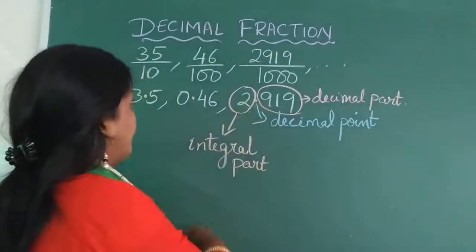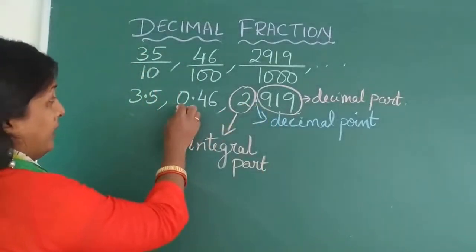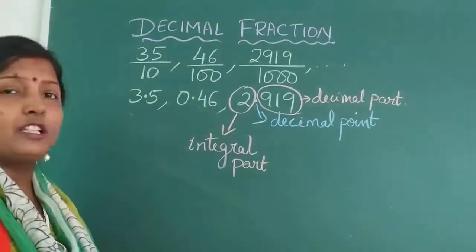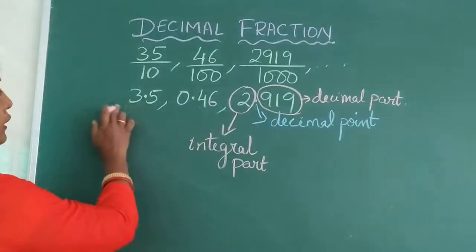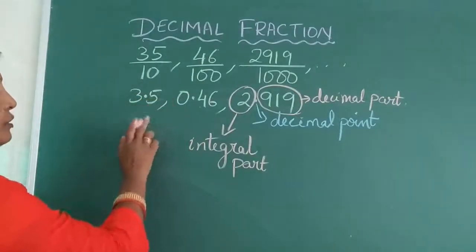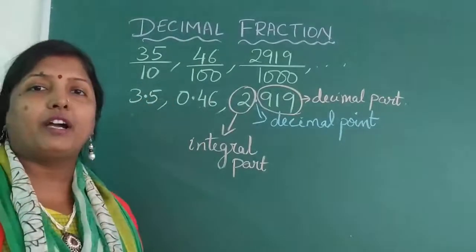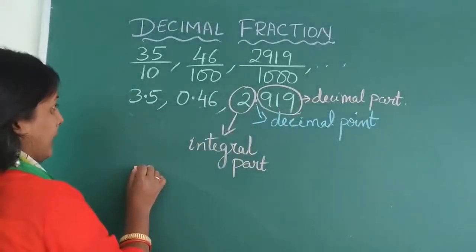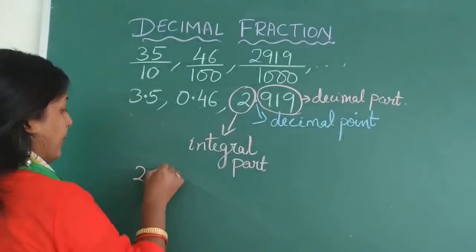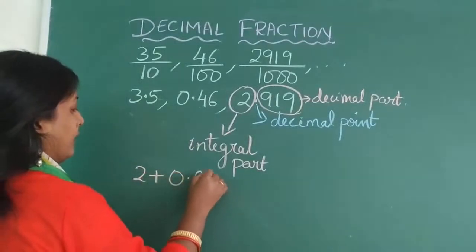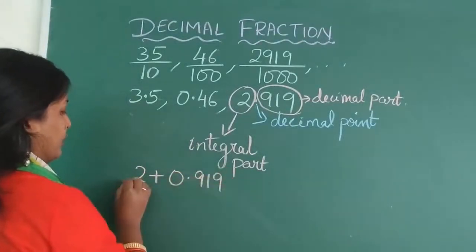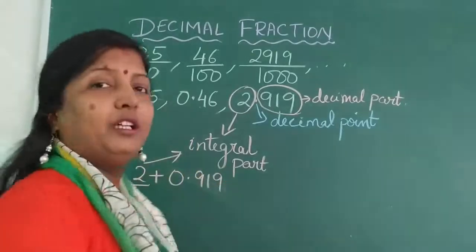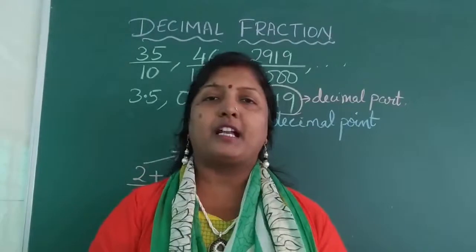Number before the decimal point. So here the integral part is 0 and the decimal part is 4, 6. Here the integral part is 3 and the decimal part is 5. And this can also be written as, say, 2 plus 0.919. So this is our integral part and this is our decimal part. I hope you could understand this.